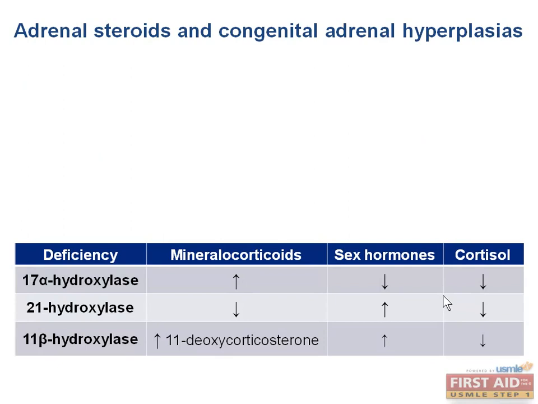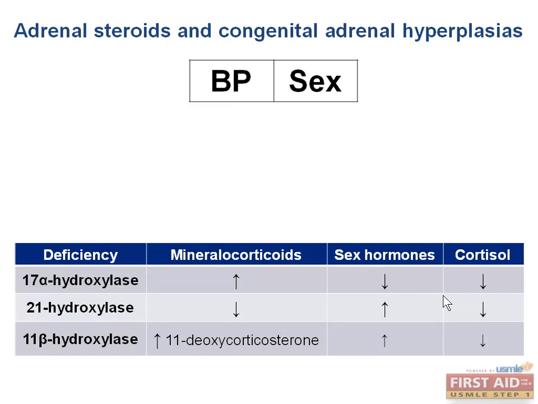Draw yourself a table where one column has blood pressure and the other one has sex, like this. Remember that blood pressure is going to be high in the settings where we have production of mineralocorticoids, whether that be aldosterone or 11-deoxycorticosterone. The sex column refers to production of sex hormones.